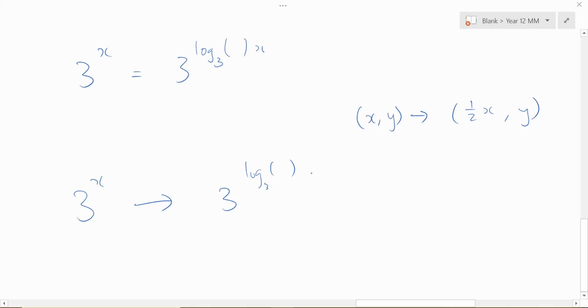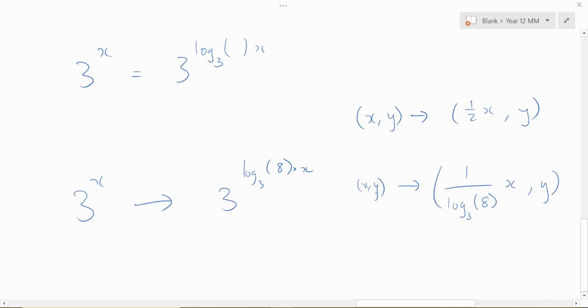Now, I still don't know what it is of x. See, all I'm doing is instead of log base 3 of 2, that's 2 times x. True? All I'm doing now is just say, well, why don't I do log base 3 of, I don't know, let's do 8 times x. So what would the transformation be for this case here? 1 over log 3 of 8 times x is my transformation.